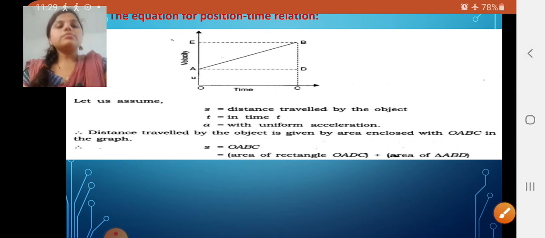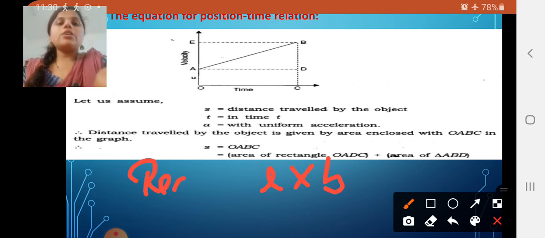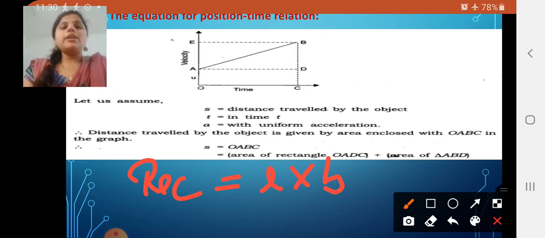So here what you have to do? Simple thing. What is the area of the rectangle and what is the area of the triangle? The area of rectangle OADC is represented by length into breadth.